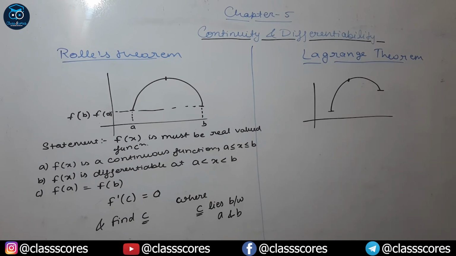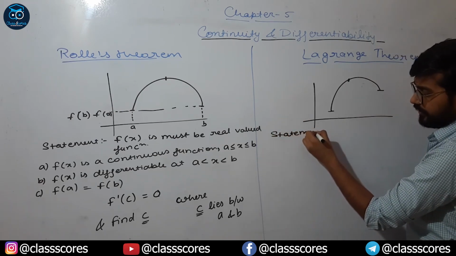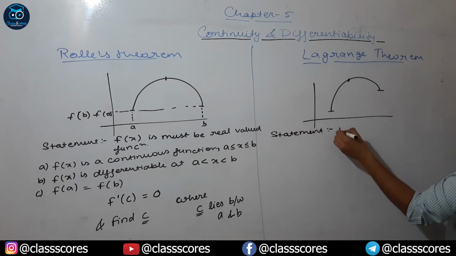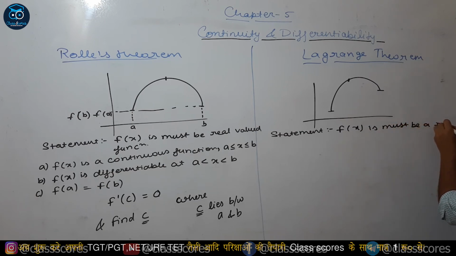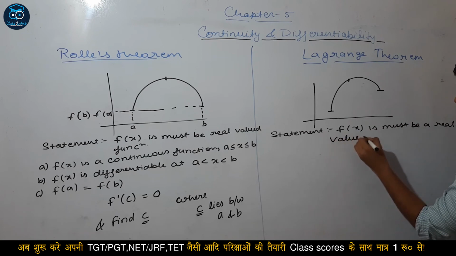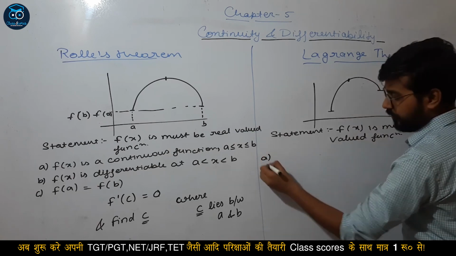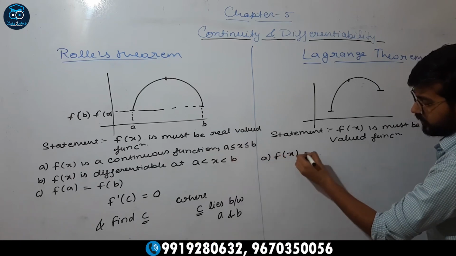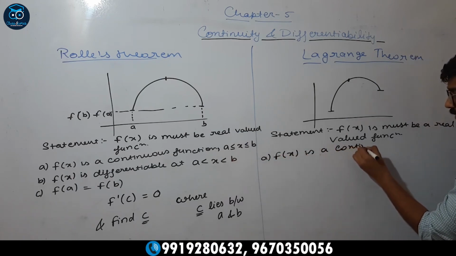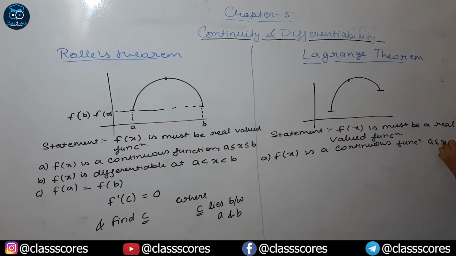Now in the same way we can solve the Lagrange theorem. The statement is almost the same. f of x must be a real valued function. Then the first point which needs to be satisfied in the given question is the same: f of x is a continuous function in the closed interval a and b.